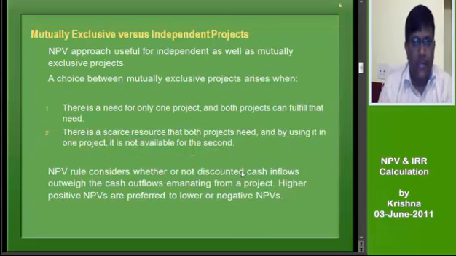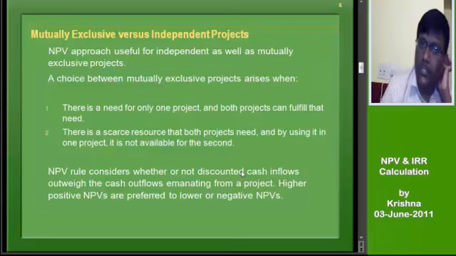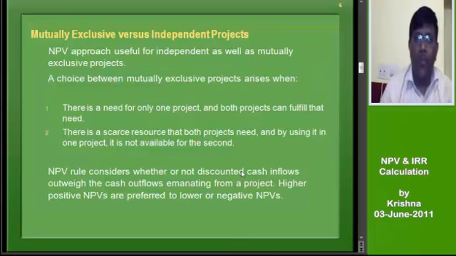In the context of net present value, we have to understand what are mutually exclusive and independent projects. If there are scarce resources and we have to choose the best project among the available alternatives, it is called a mutually exclusive case. In this case, we have to select the project which gives more NPV.